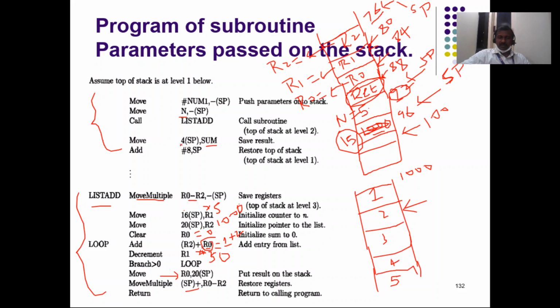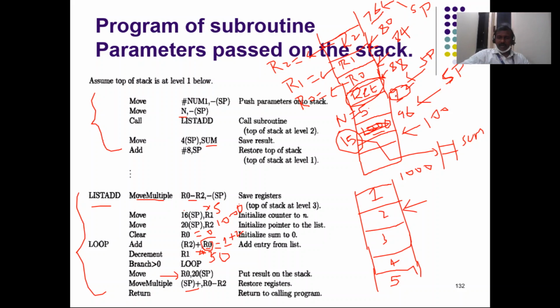Move 4 of SP comma sum means the 15 is moved to the location sum, somewhere in the memory, which we call sum, and to this sum location this final result 15 is moved, but still SP is pointing to 92.